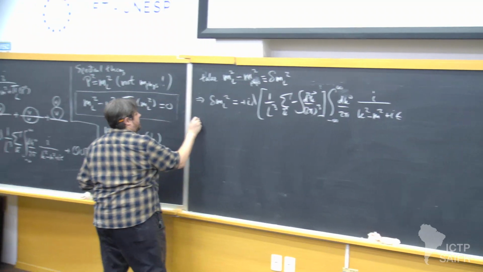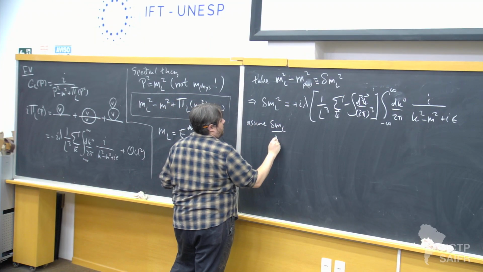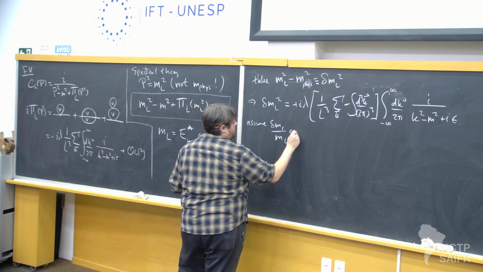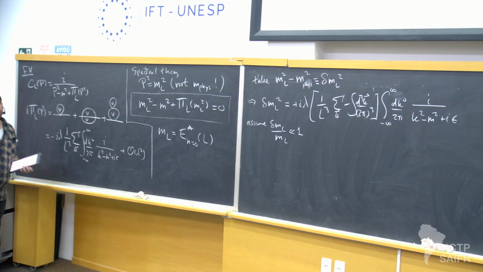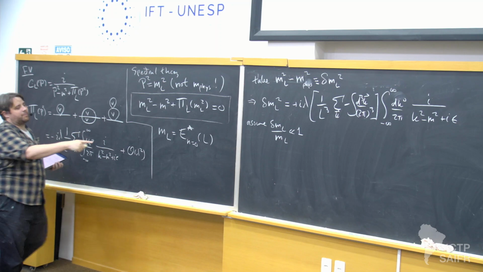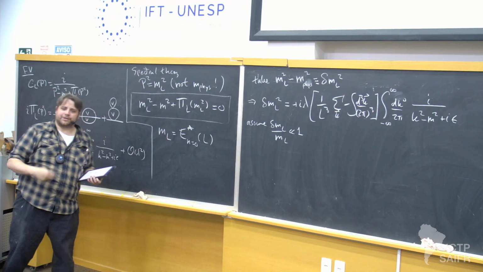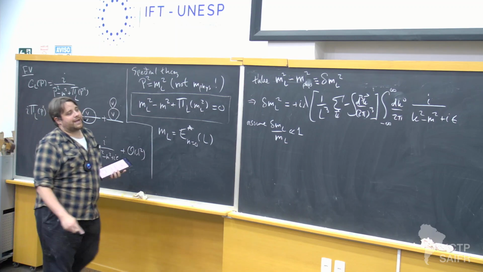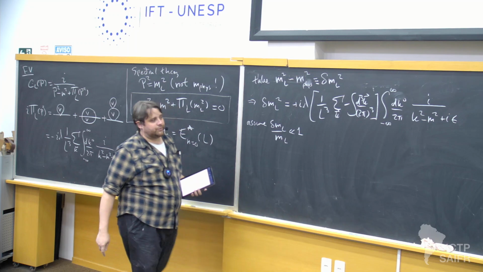And this assumes, I had to do a little assumption here, when you go and derive this, that the correction is small relative to the scale of the mass itself, because this is going to depend on mL, whereas that one's going to depend on m physical, so you have to assume some small correction to make it the same quantity. And again, I'm implicitly assuming regulation. So this is exactly the sum minus integral bit that I defined before, and this is the function that we're applying that to.